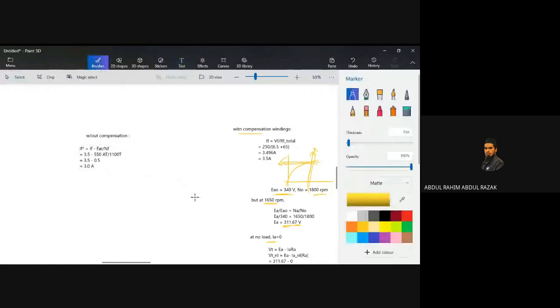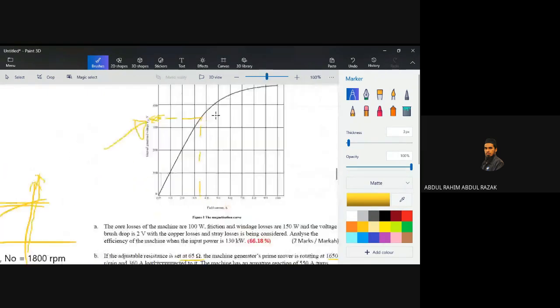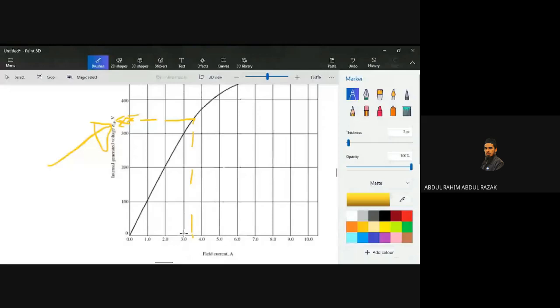So with this 3.0 ampere, we take a look at the graph again. It will bring you to which curve or which value? At 3.0. Let's say this is the value that you consider, 300 volts.